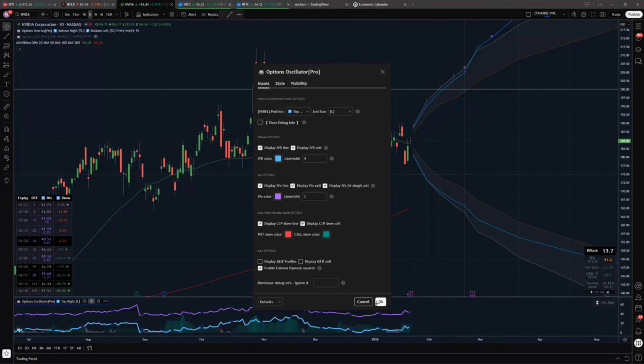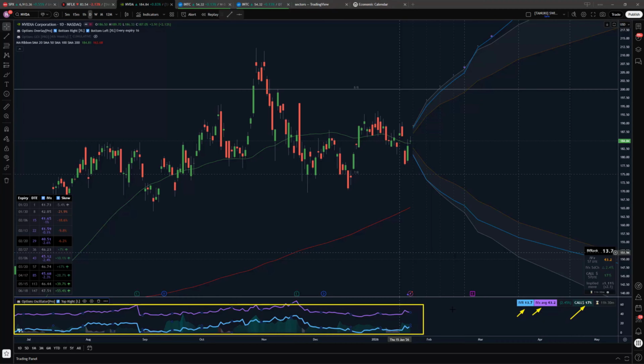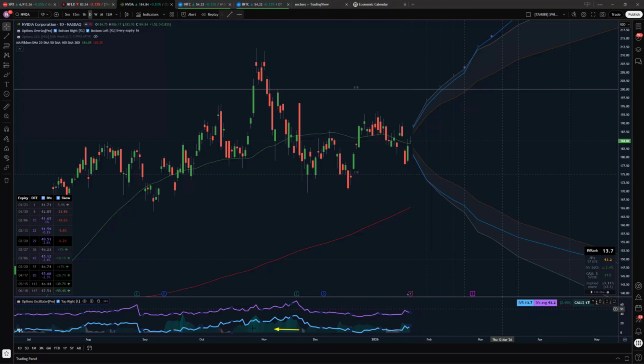The other part of the options oscillator, this part, is showing you historical information about the following values: the IVR, the IVX, and the pricing skew. So right now with purple, you see the IVX value of the underlying historically. The blue one shows you the IVR value, and this histogram is showing you the pricing skew.